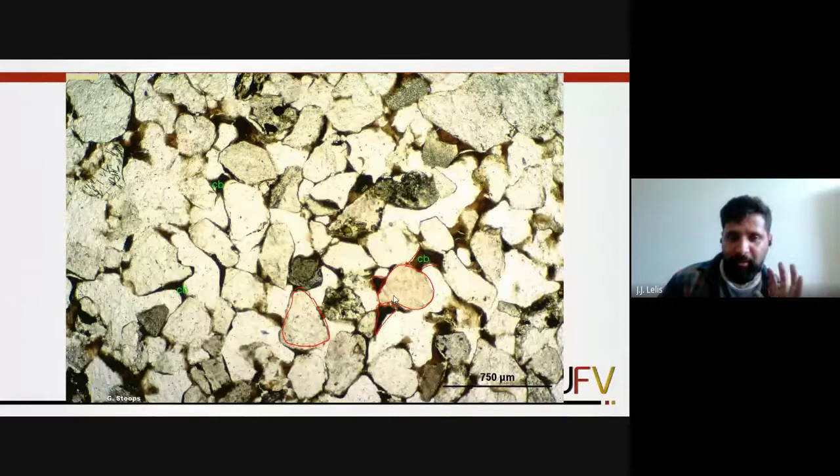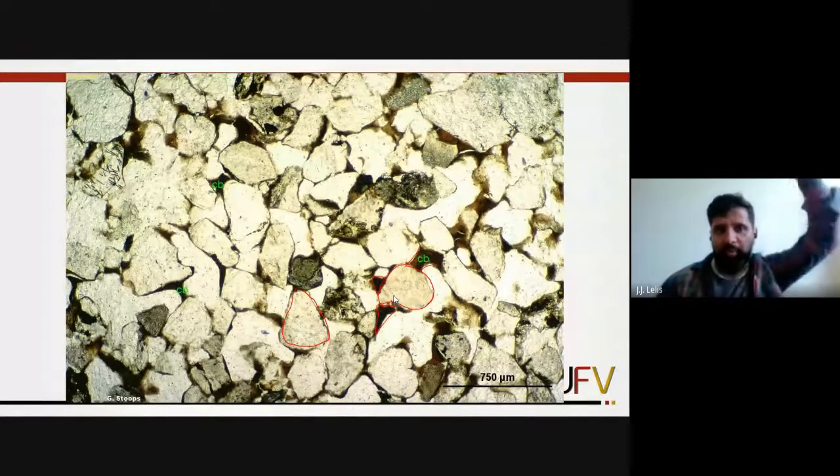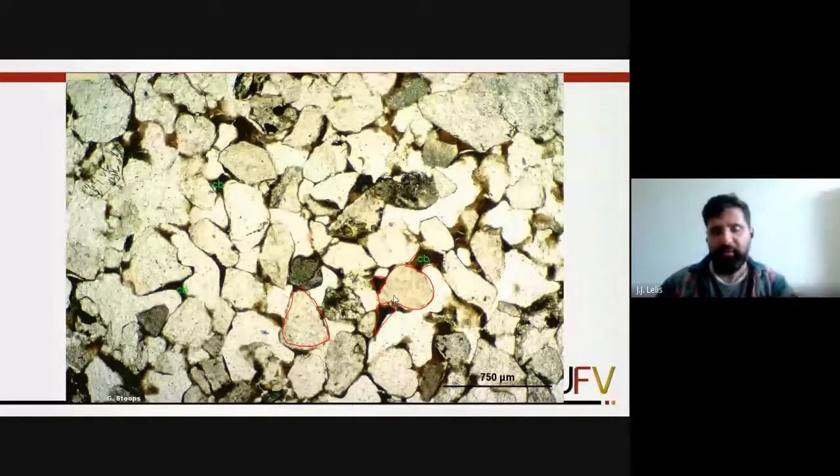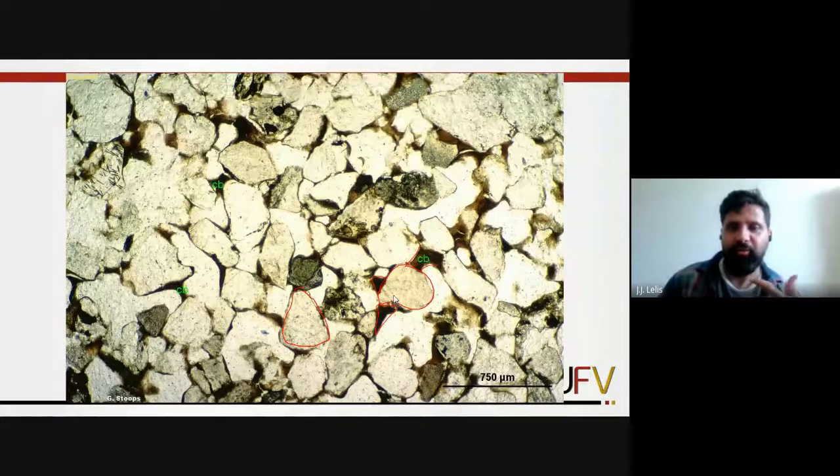So a little deposition, eluviation of clay from the upper horizon to this horizon. So we can identify a little clay migration, maybe an incipient condition, an incipient soil process.